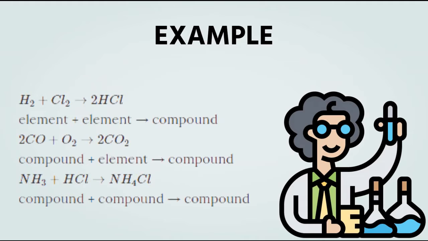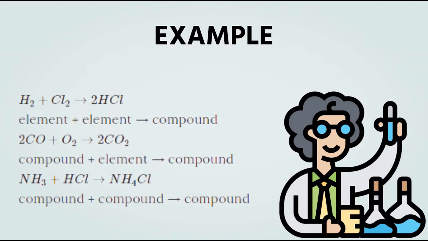I said 2 plus 2 turns to 4, so here also H2 plus Cl2 turns to 2HCl. Then 2CO plus O2 turns to 2CO2. Here one compound plus one element turns to one compound. At last, in the product side, we'll just have one element or one compound.